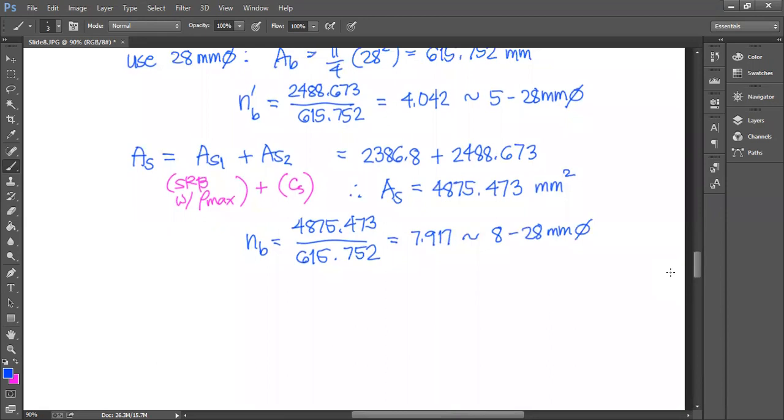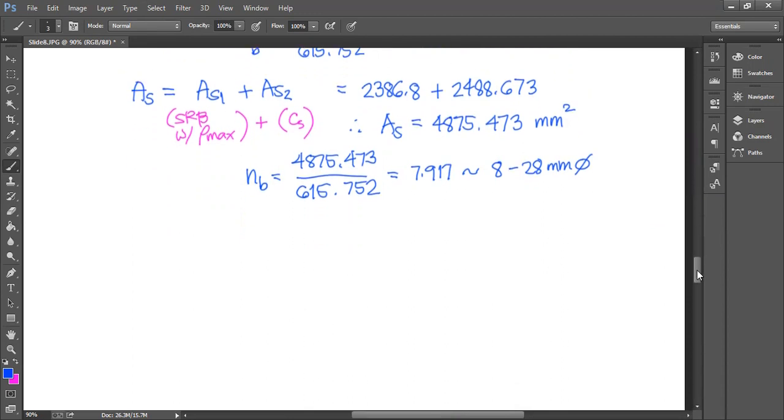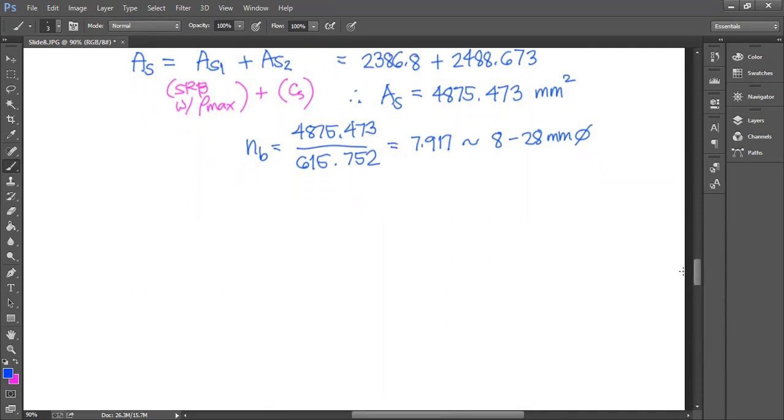Ngayon, in this case, kailangan natin alamin kung ano ba yung situation ng reinforcement natin. Kailangan natin tingnan kung yielding ba or not yielding yung reinforcement natin. So, yung Fs and F prime S, kailangan natin alamin.